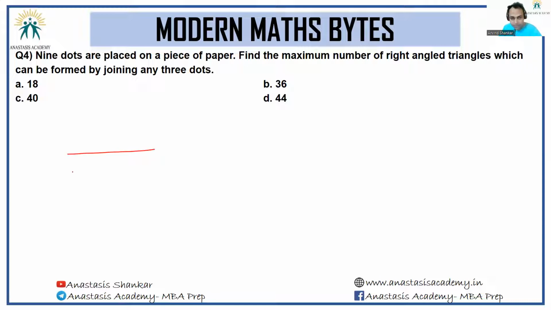Okay, I'm making 9 lines. I've got these 9 points. Now, how many rectangles can be made? I'm asking how many rectangles can be made?